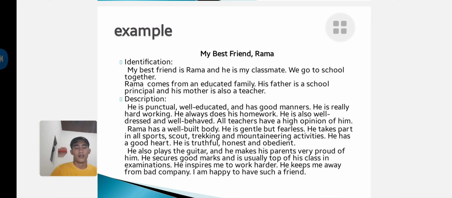Yeah, I think that's all about the material. I hope you can understand our material today. I already gave you some examples, and now you do it by yourself: describe your friend or some picture. So this is your time to make some descriptive text.